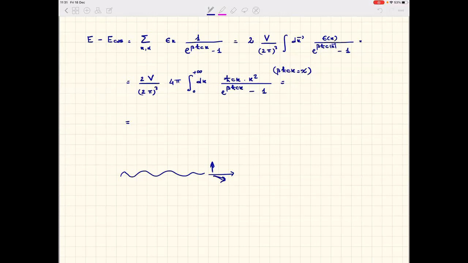You cannot have a compression wave for photons in which the oscillation happens in the same direction as the propagation. So if I have a certain momentum, then I have only two possible directions of oscillation, which means that it's a purely transverse wave, and that's it. I have two polarizations.